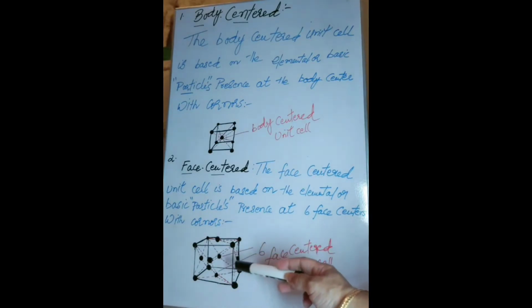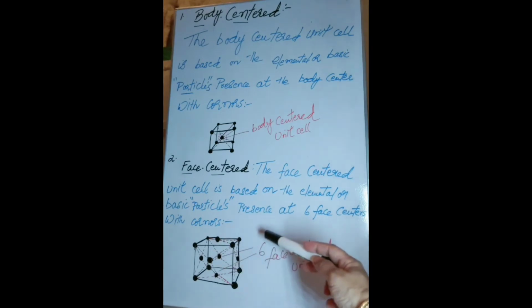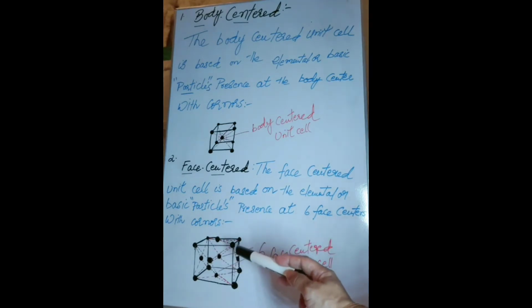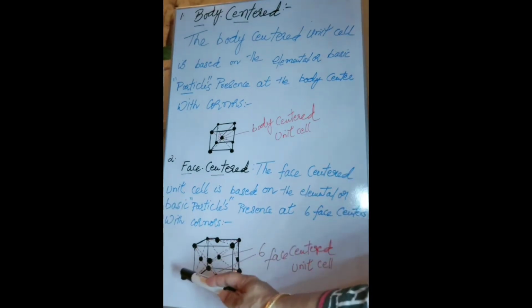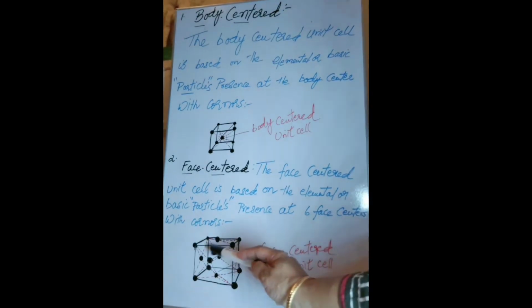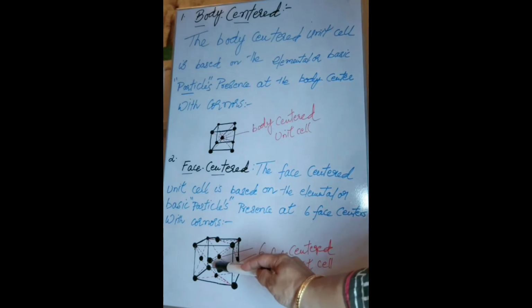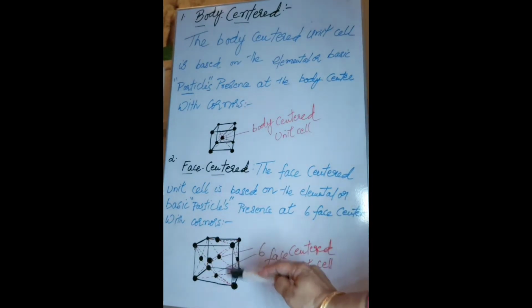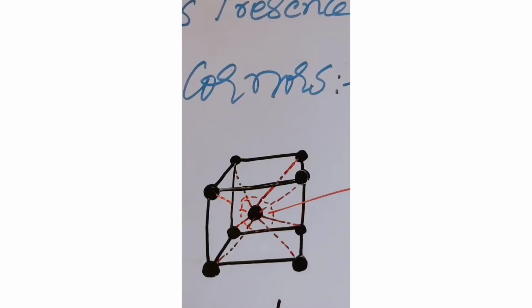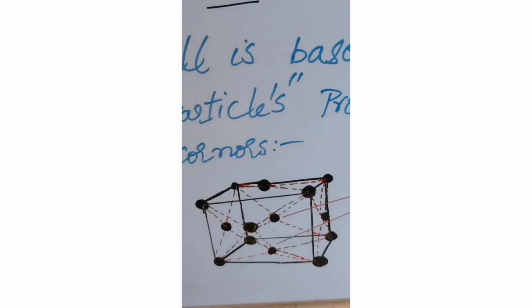The face centered unit cell is based on the elemental or basic particles present at the 6-face centers with corners. So 6-face centers with the corners, right? This is the 3D figure of a body-centered unit cell, whereas this is the 6-face centered unit cell.